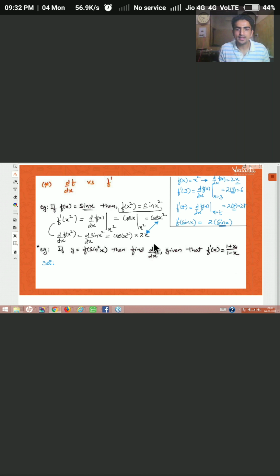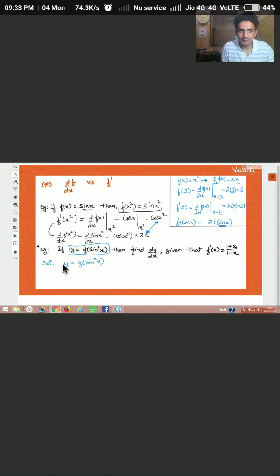You want to find dy by dx. f dash x is given. It is 1 plus x upon 1 minus x. How to find dy by dx from here? y is f of sine square x.